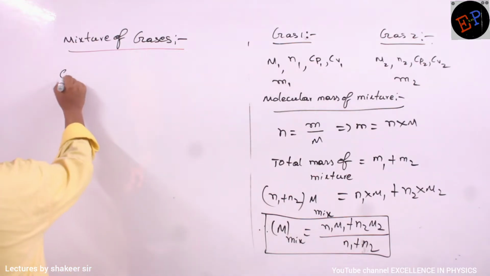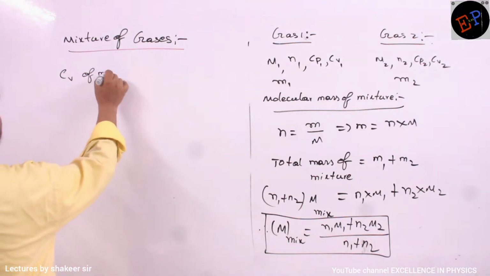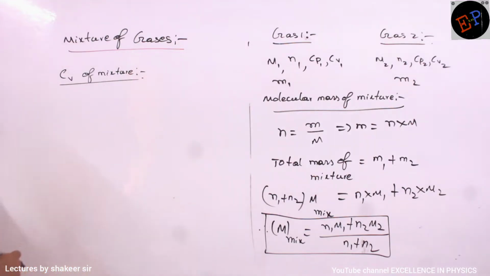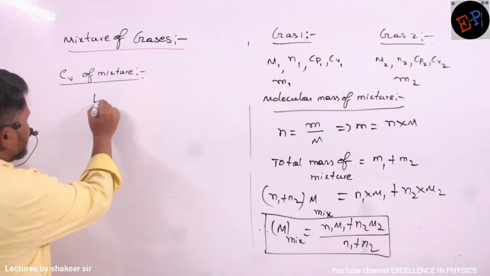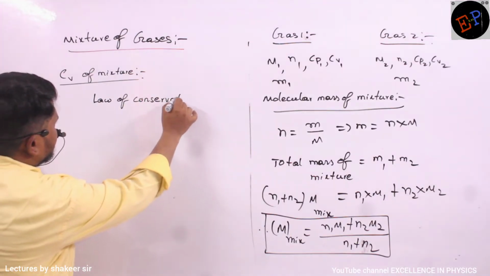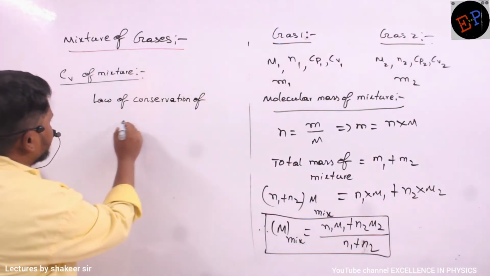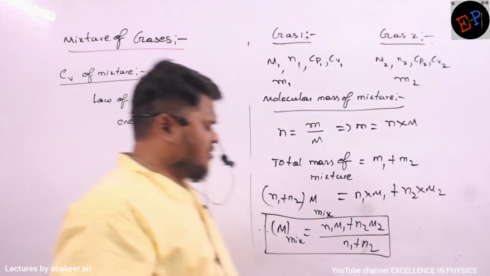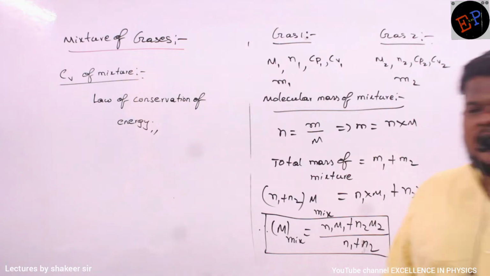So Cv of mixture. I want to calculate this by using the law of conservation of energy. So what is the law of conservation of energy? Total energy is always a constant.